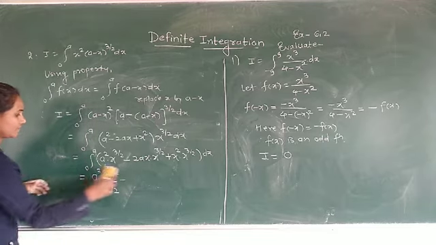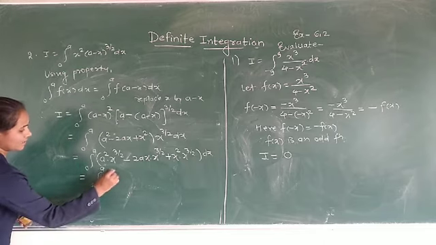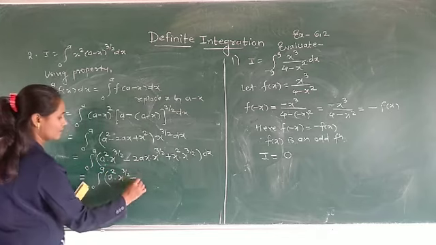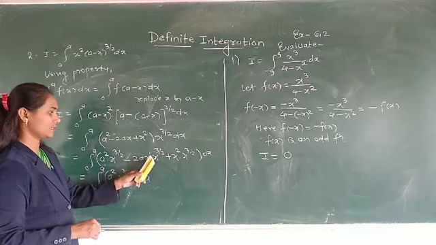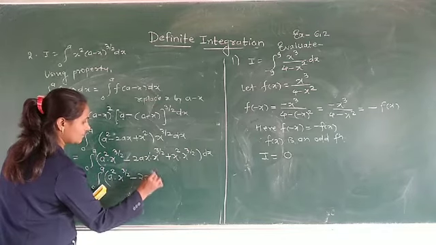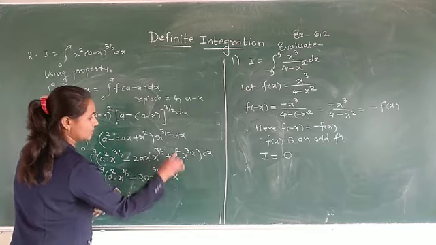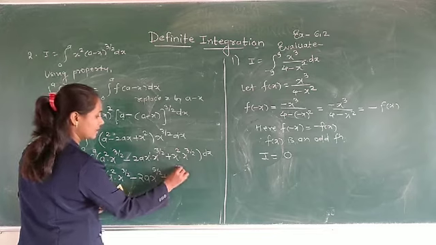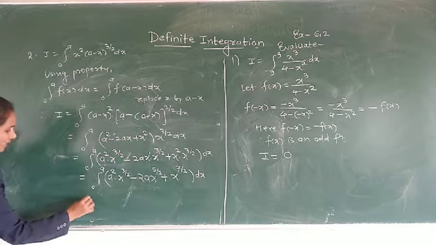So first we simplify this, then we take integration. Integration 0 to a, a square x raised to 3 by 2 as it is, minus 2a. Here the power of x is 1, since x raised to 1 into x raised to 3 by 2, that means x raised to 5 by 2, plus x square into x raised to 3 by 2, 2 plus 3 is 7, x raised to 7 by 2 into dx. Now integrate this function.